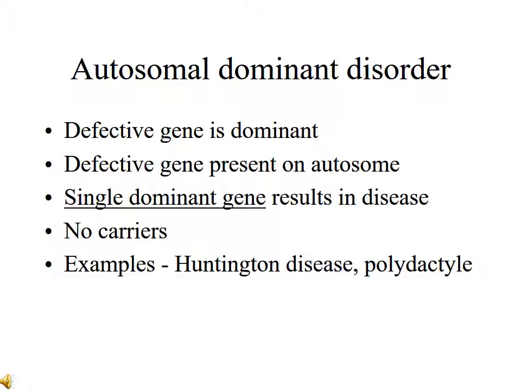There are no carriers, because once a dominant gene is present, it will override everything else and it will be expressed. So again, remember, there are no carriers in autosomal dominant disorders. Examples of this would be Huntington's disease, a severe disease of the nervous system, and polydactyly, which is a person that has 6 fingers.